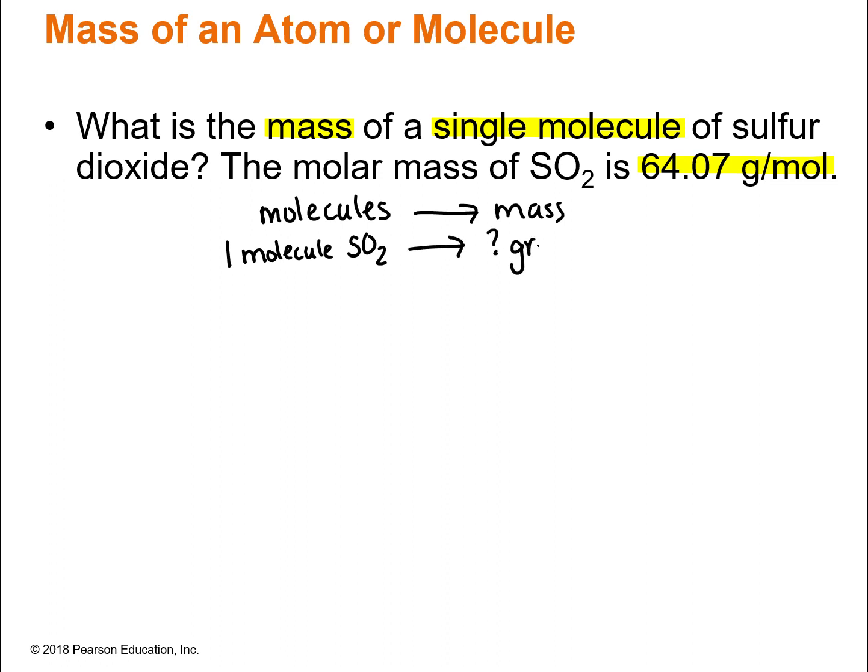I don't know the mass of 1. This is a molecules to mass question. It's just strange because it's asking for a single molecule. You can still take that and convert it into number of moles using Avogadro's number. And that's what we have to do here.